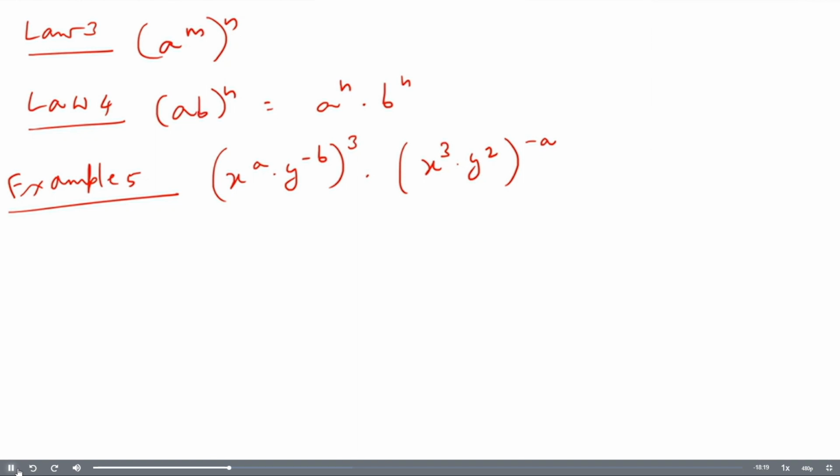Now let's simplify this. (x^a y^-b)^3 into (x^3 y^2)^-a.